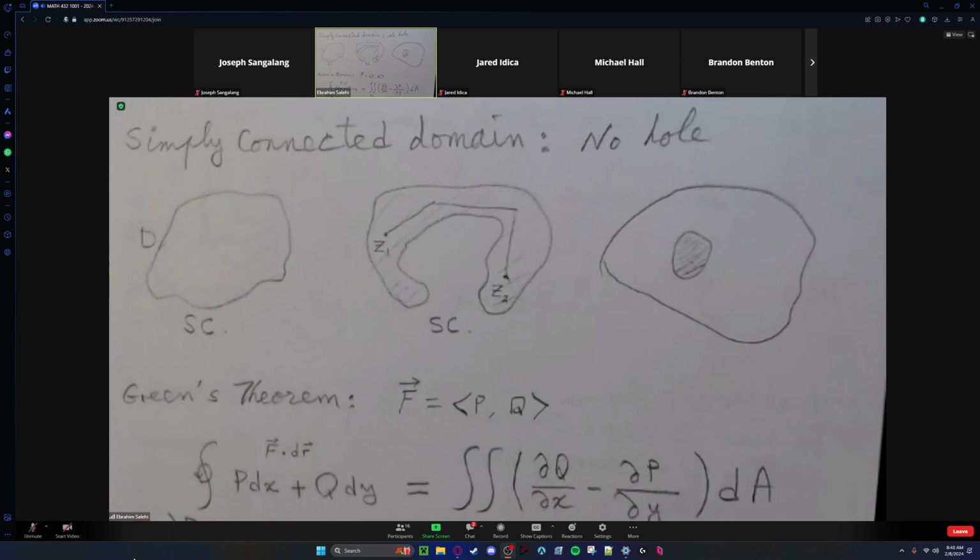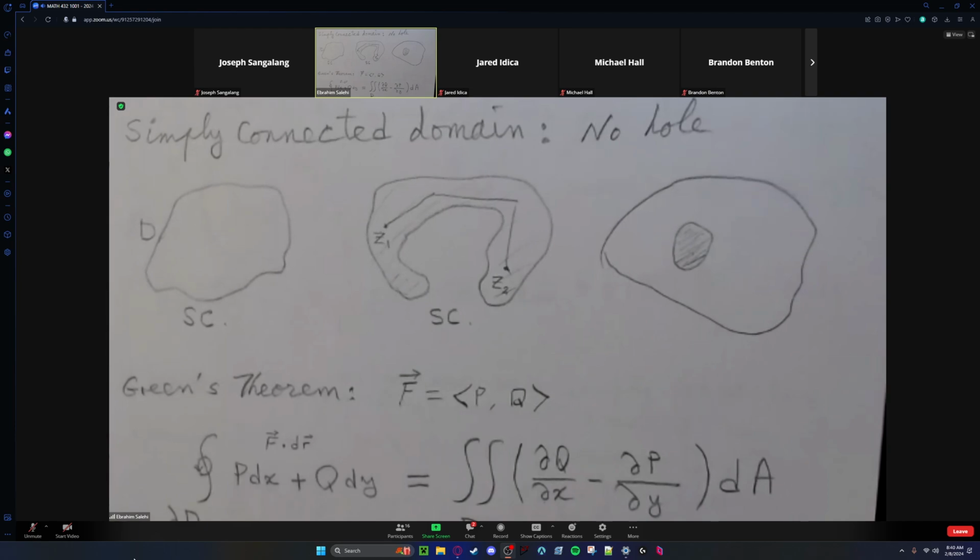Green's theorem says you can convert this to a double integration, but when you take double integration, you have to do the double integration over a region of the XY plane. And that region is the area enclosed by this boundary. Okay, this is the boundary.